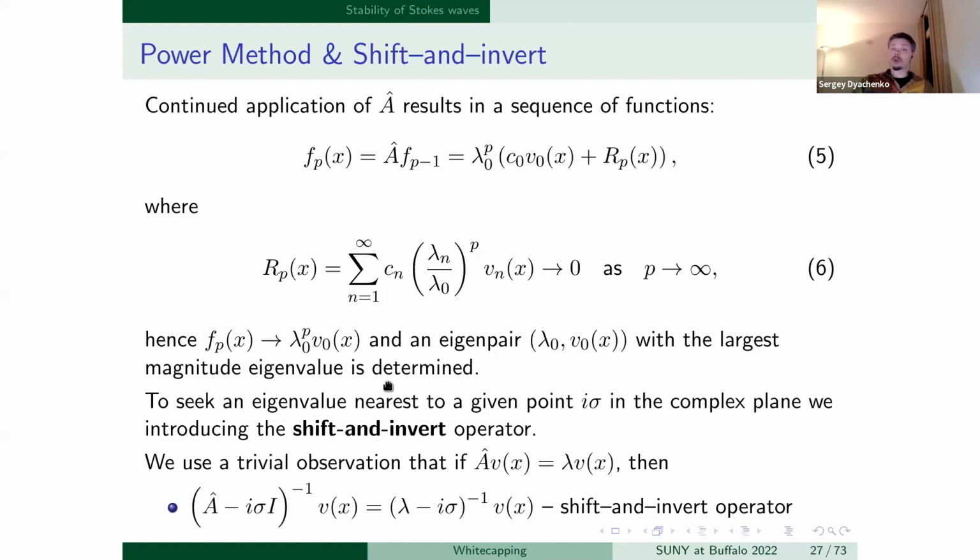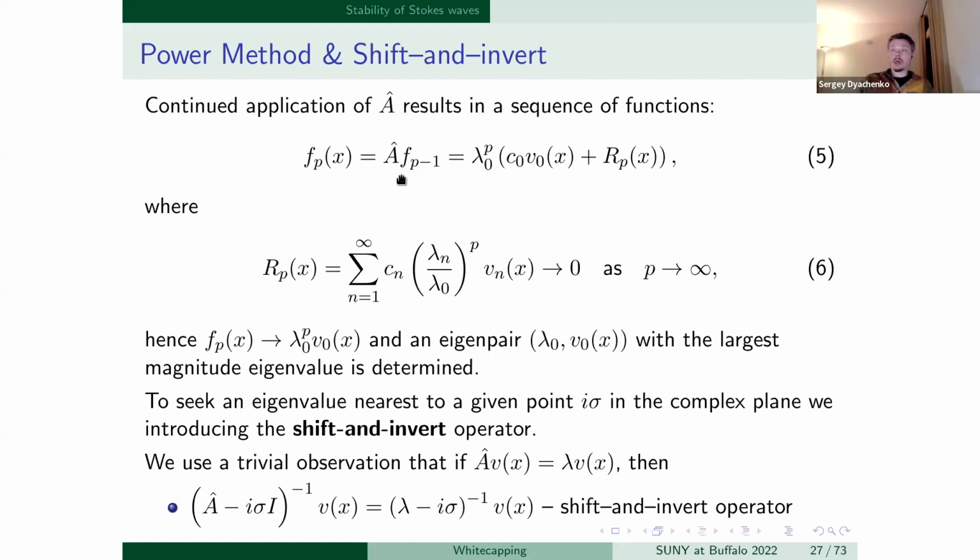So remember that if, for example, lambda is an eigenvalue of A, then 1 over lambda is going to be the eigenvalue of A inverse. And if you play this game, but not with the operator A, but rather with operator A inverse, the largest eigenvalue of A would now be the smallest eigenvalue of A inverse, right?